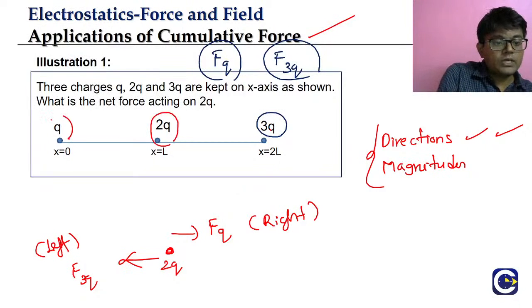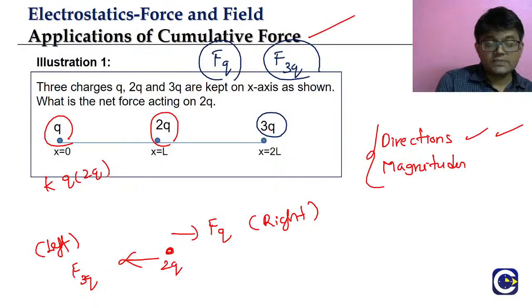So 2q and q, what is the கூலும்ஸ் லா ஃபார்முலா? k into q into 2q. ஏன்னா ரெண்டு சேம் டைப் ஆஃப் சார்ஜஸ். ஓகே, so நம்ம மாடுலஸ் போட வேண்டாம். எதுக்கு பாருங்க, if q and 2q are positive means அதோட ப்ராடக்ட் will be positive only. If q and 2q are negative, அப்போ என்ன வரும்? The product of them will be still positive, ஏன்னா நெகட்டிவ் நெகட்டிவ் மல்டிப்ளை பண்ணா பாசிட்டிவ் தானே வரும்.